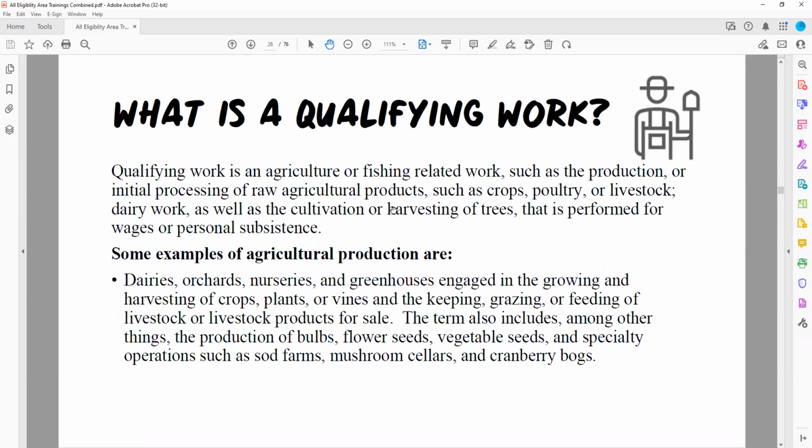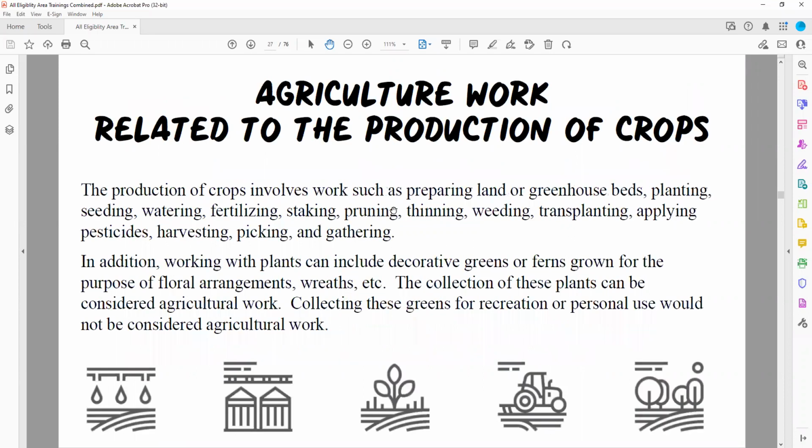Examples, we already talked about some of these, but just to make sure it makes sense, you're looking for those agricultural workers, the children who have parents or they themselves are agricultural workers that are working in those dairies, orchards, nurseries, greenhouses. They're either growing or harvesting plants. And it can also be specialty crops, like flower seeds, bulbs, vegetable seeds, sod farms, mushroom cellars, cranberry bogs, things like that. Different states have different types of eligible qualifying work.